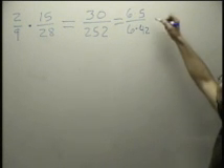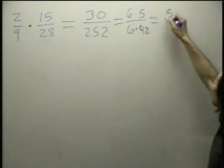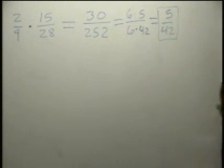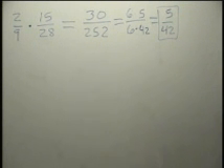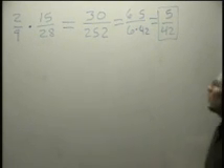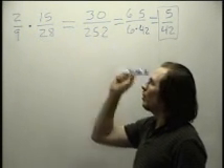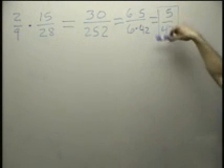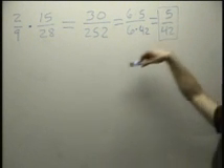And so dividing out that 6, we get 5/42. And that's fine. So what we do is we multiply numerator by numerator, and we multiply denominator by denominator, but then we also need to write it in lowest terms.